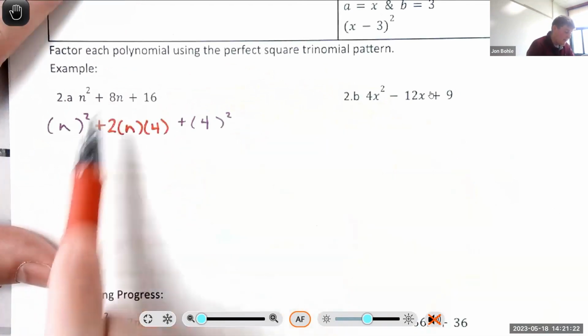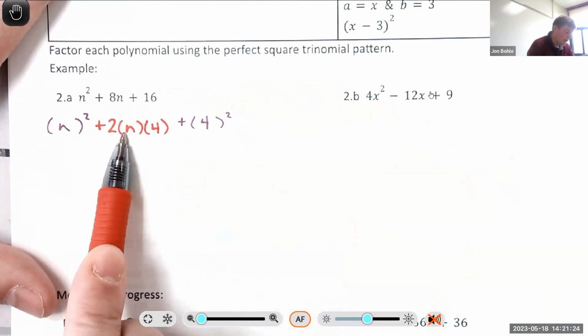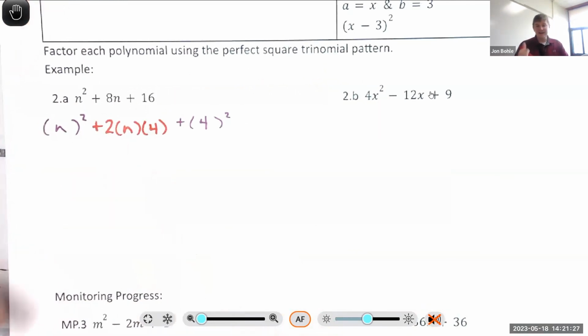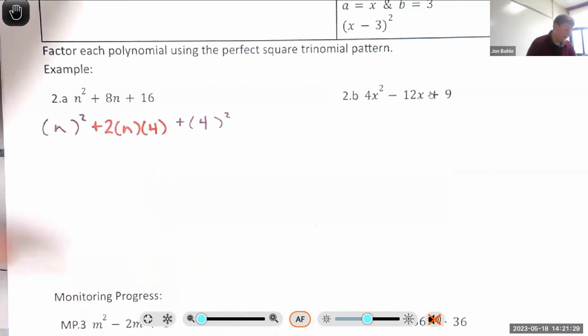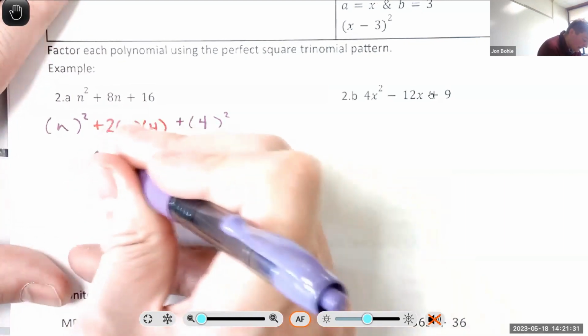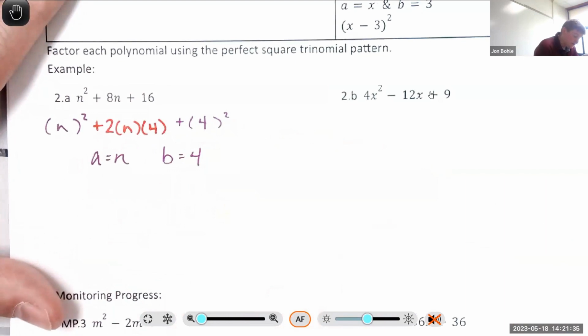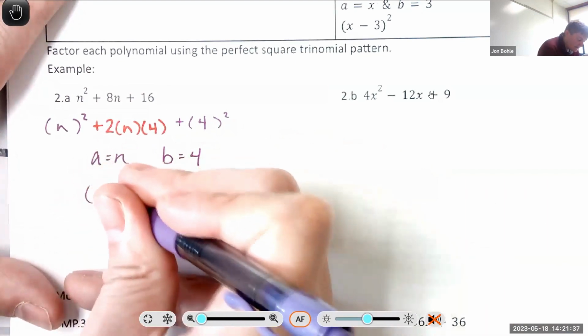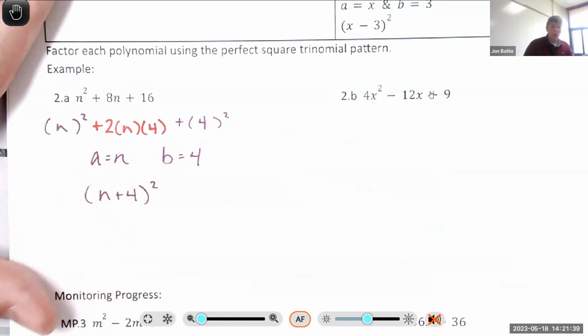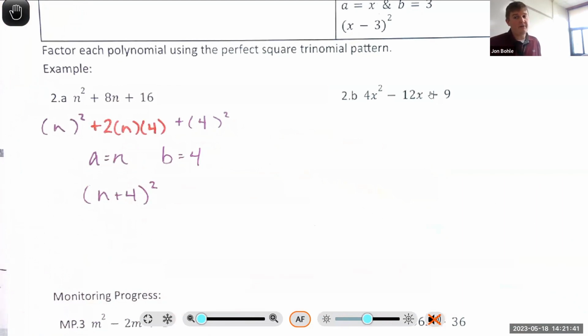Is that 8n? 2 times n is 2n, and 2n times 4 is 8n. Yes, it is. Since it is, that confirms my a value is n and my b value is 4. So this factors into n plus 4 to the second power, or n plus 4 times n plus 4.